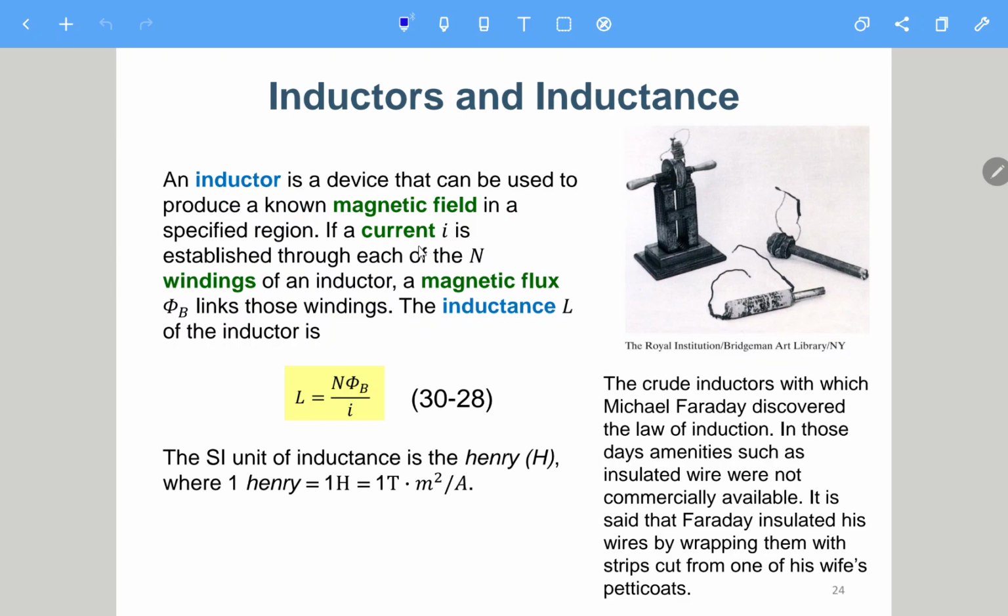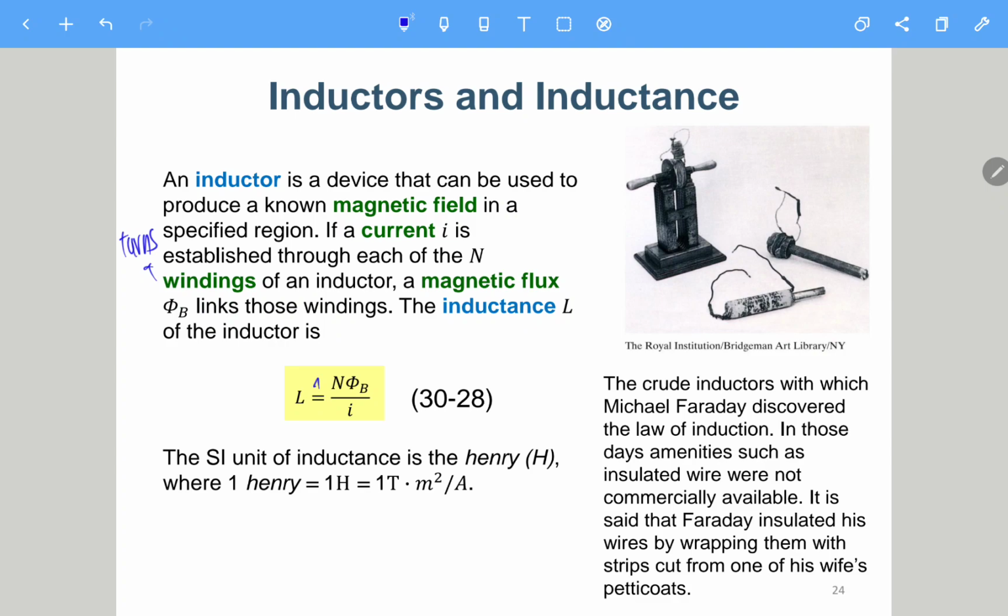If a current I is established through each of the N windings, N turns, of an inductor, a magnetic flux ΦB links those windings, and the inductance L of the inductor is this. This is the definition of the inductor.